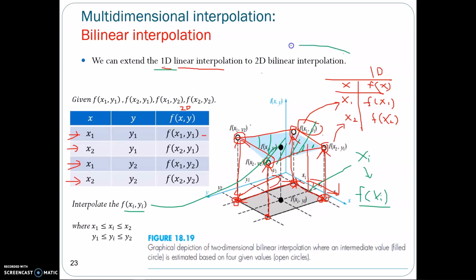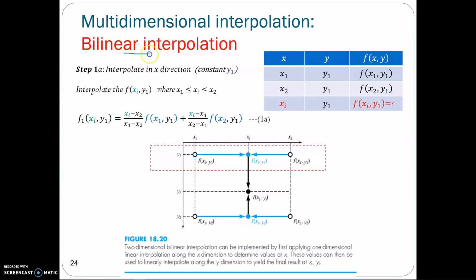In this case, we can use the bilinear interpolation to solve the 2D interpolation problem here. To perform the bilinear interpolation, in the first step, let's interpolate in the x direction and assume a constant y1. Based on the function given at point 1 and point 2 here, where in this direction the y1 is constant and it changes from x1 to x2.